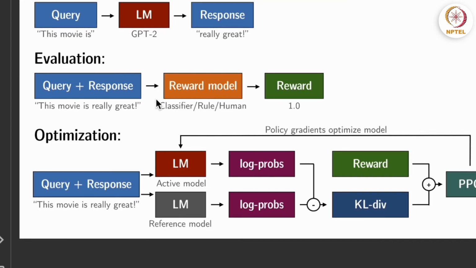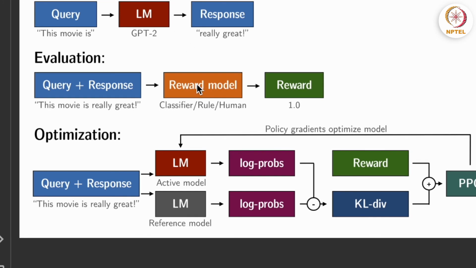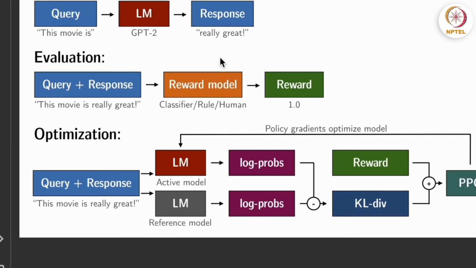We could have a reward model, let's say a classifier model, which would classify the response whatever this model is generating, whether it is positive or negative. Now this reward model, which is a classifier, will generate a reward for the positive response, and it will generate a negative reward or a penalty for the negative response it generates. So this is how we will use the evaluation, or the reference model, we could call.